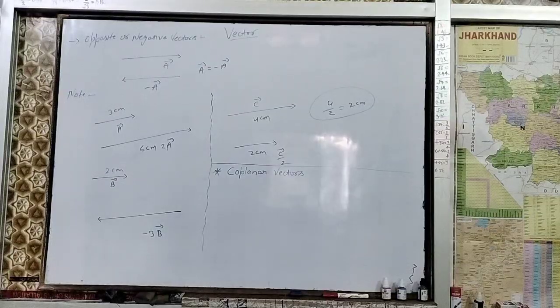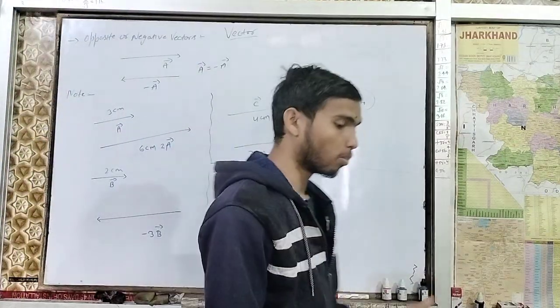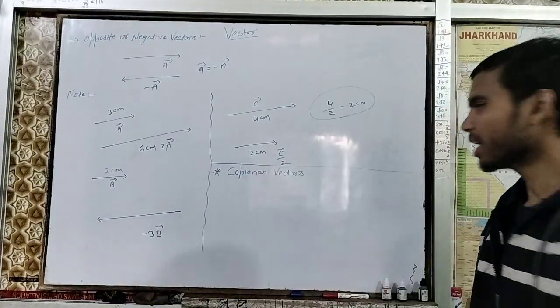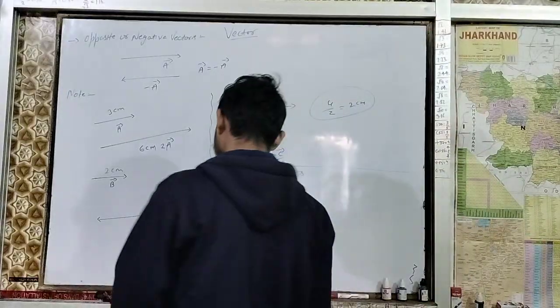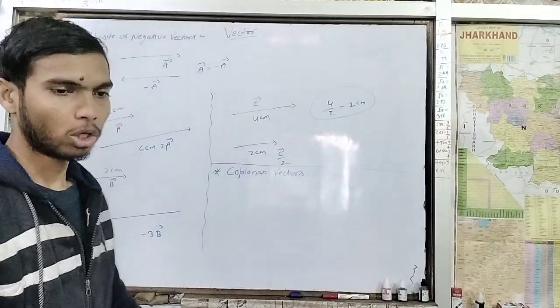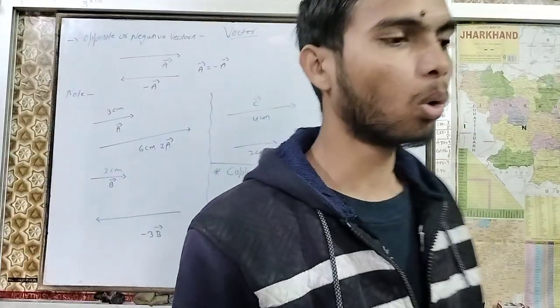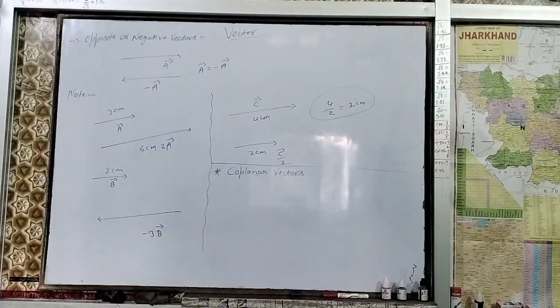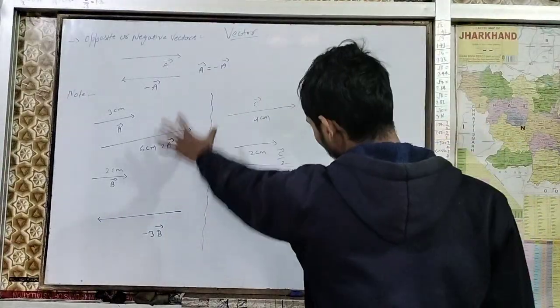Co means two or more things. Since we have vectors, it will become two or more vectors. Planar means plane. There are a lot of vectors, but those vectors are on a single plane, like this board.